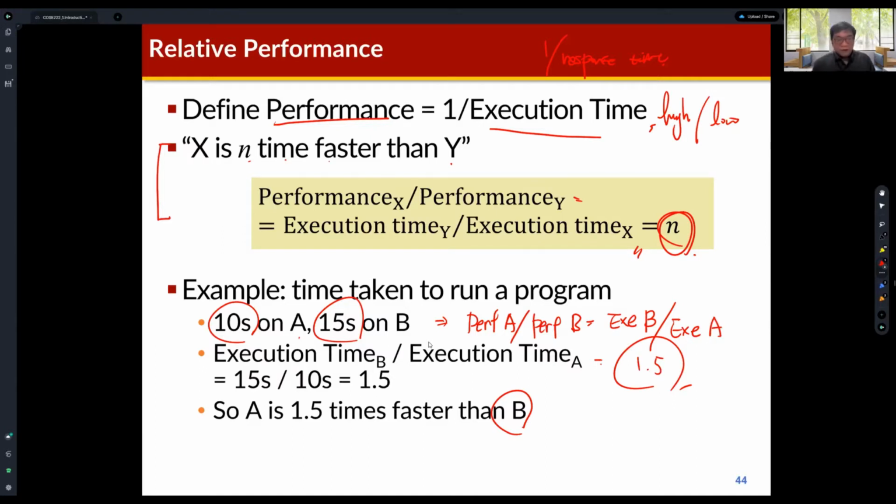How can you compare the performance of two different systems? We can compare the execution time, but performance is inversely proportional to execution time. So performance X over performance Y is equal to execution time of Y over execution time of X, because it is inversely proportional. You need to remember this.